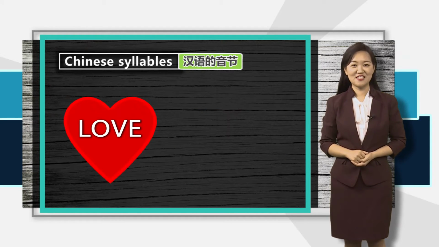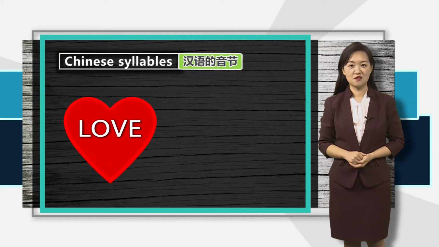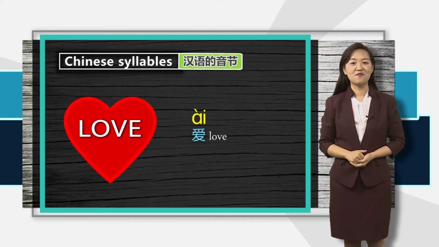But please pay attention. A Chinese syllable can have no initial, but it must have a final. For example, ai means love. ai is the final, and it is the 4th tone, so ai.